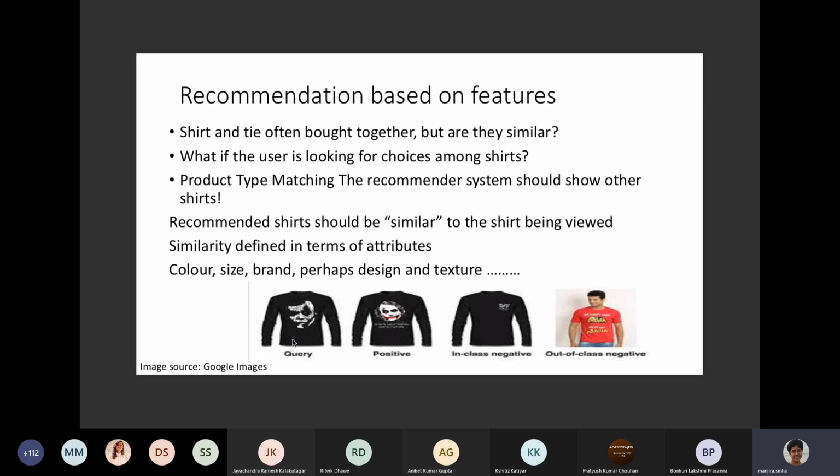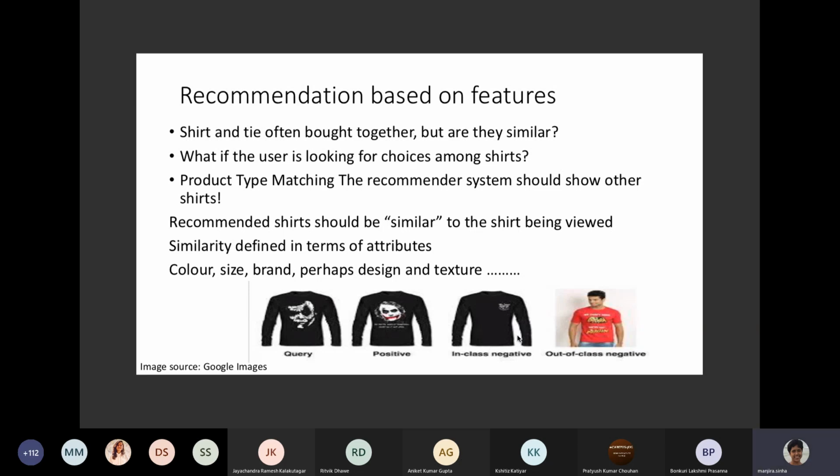So these are some examples of how, in ideal terms, similarity should be grouped. If this is the item I am browsing, this is a positive similarity match because it is a black t-shirt, full length, and it has similar types of prints on the t-shirt.